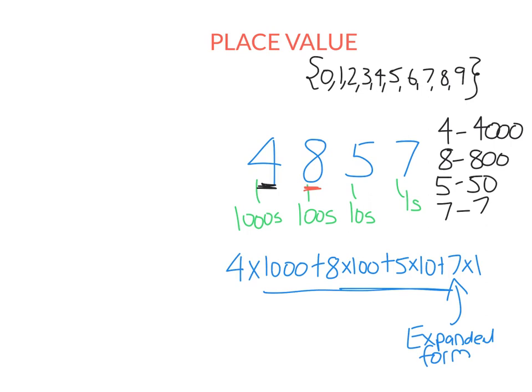So place value is also useful when we're comparing numbers. So when I say compare, I mean if you're given two numbers, you say which one, if either of them, is larger. So this number here, 4,857, has 4 digits. So when we're just talking about whole numbers, if a number has more digits than another number, the number with more digits is always larger.